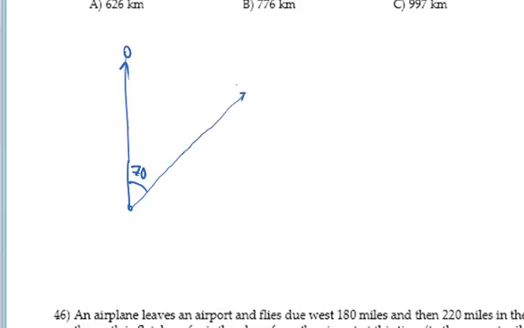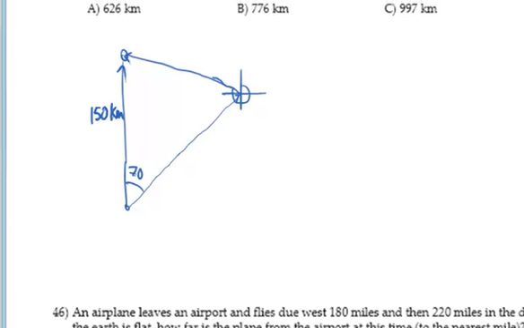and once it reaches the opposite shore, it sails in a direction of 272 degrees. So that would be just a little bit past the horizontal, and that would go all the way back to where it reached a position 150 kilometers north of where it originally started.